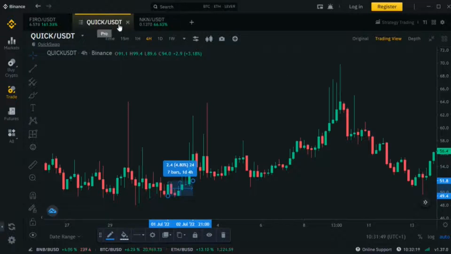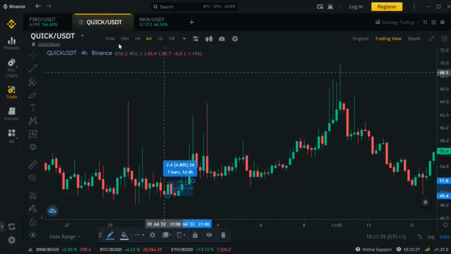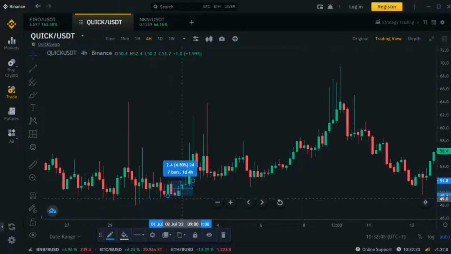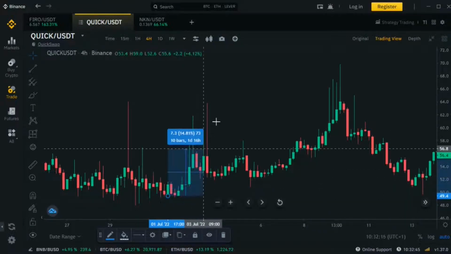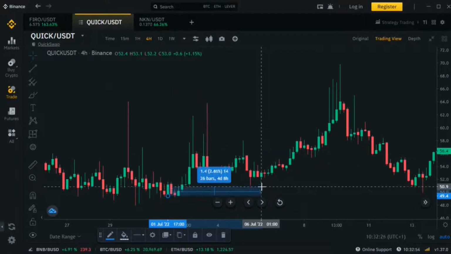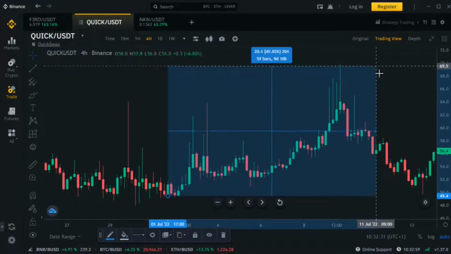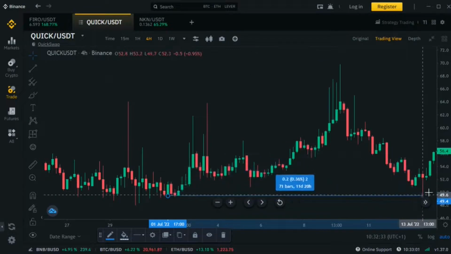Okay, moving on to the next crypto ticker symbol, QUICK, which is Quick USDT cryptocurrency pair. The most current bullish trend section of the Quick USDT cryptocurrency pair started from the lowest price of this green candlestick bullish trend starter, which is $49.4, and bounced up by 29% and then dipped back down to 2.86% and then bounced up by 41% and then dipped back down to 0.36%.